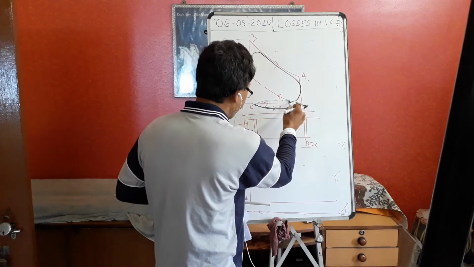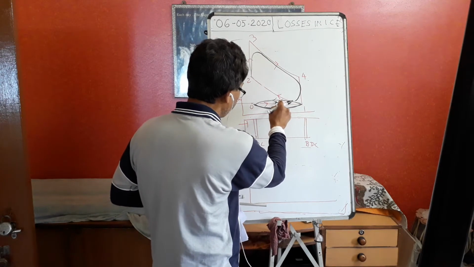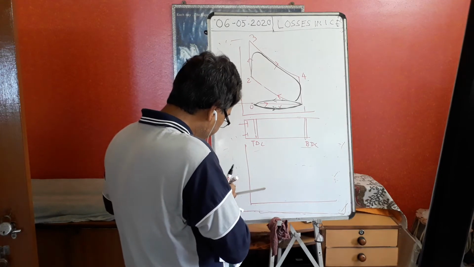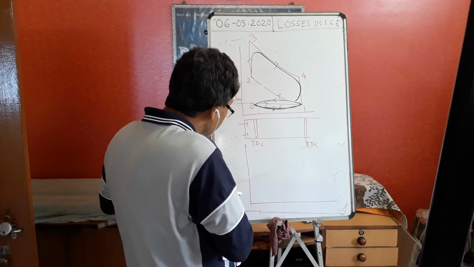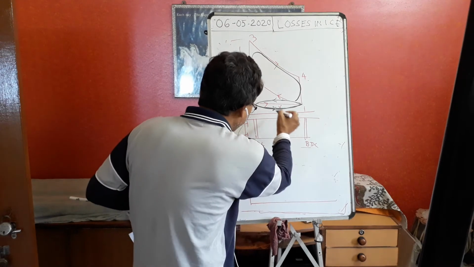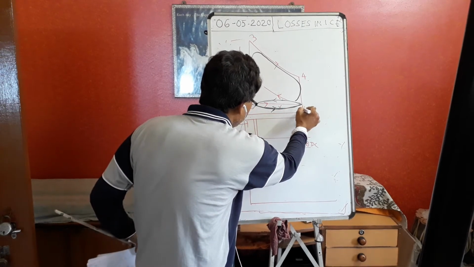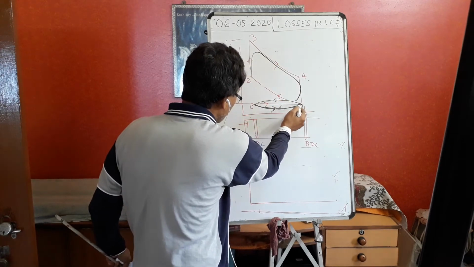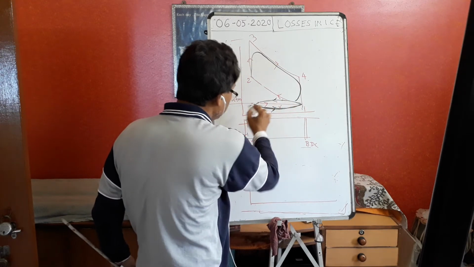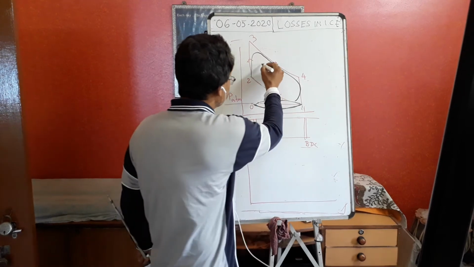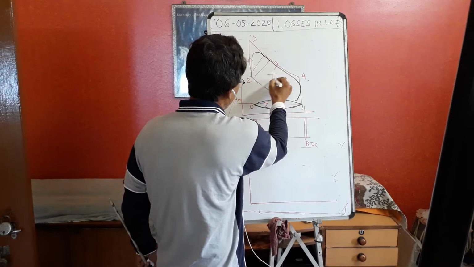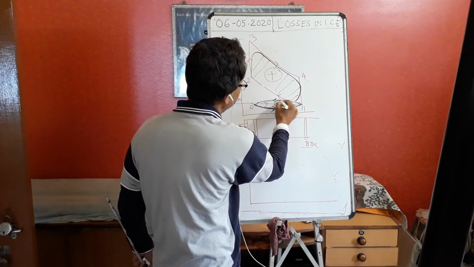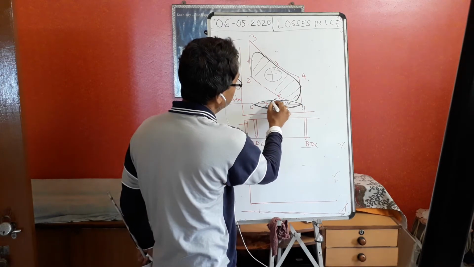When it goes 0 to 1 in this way, and 0 to 2, and then exhaust is going, this portion is the positive one and this portion is the negative one.